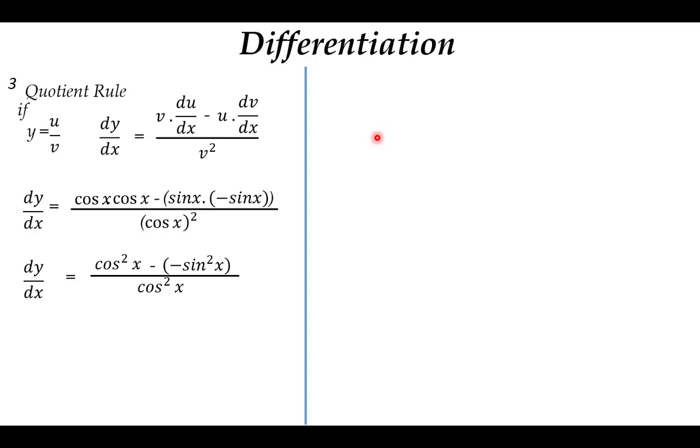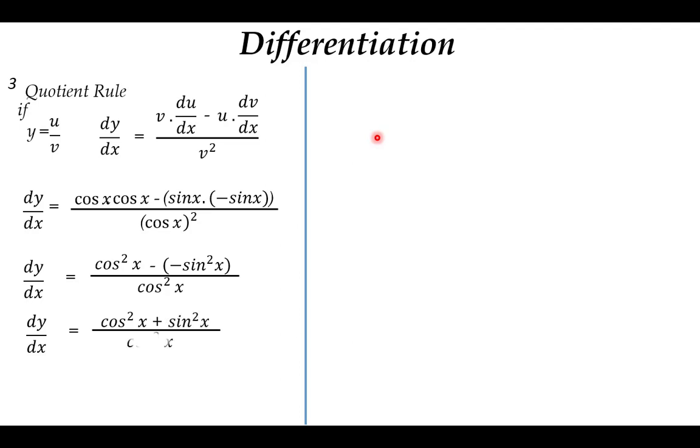So we have cos squared x minus, bracket open, minus sin squared x, over cos squared x. So dy/dx is going to be equal to cos squared x, minus times minus is plus, plus sin squared x, all over cos squared x.